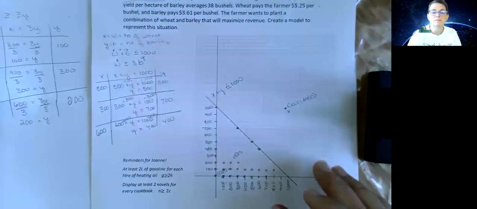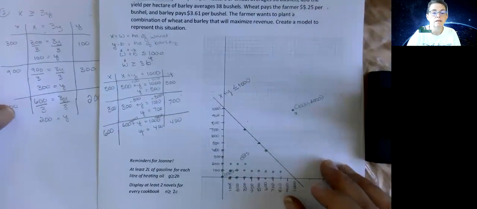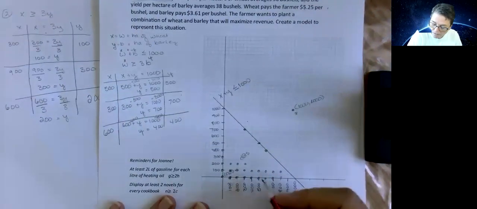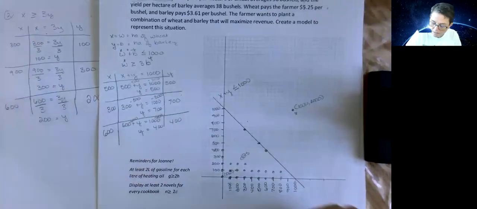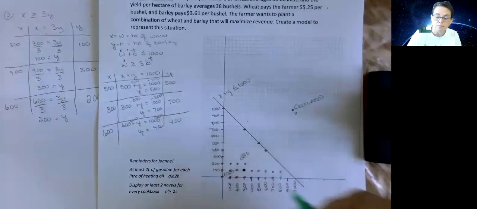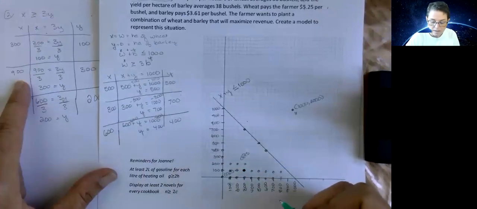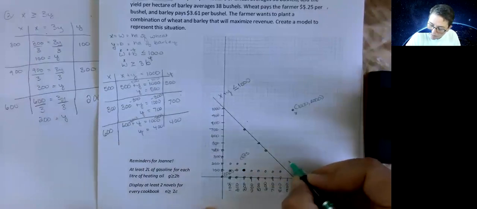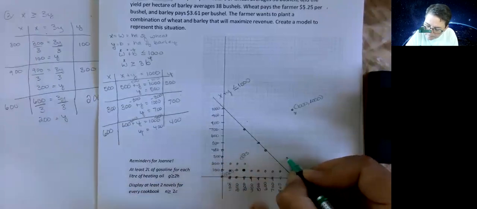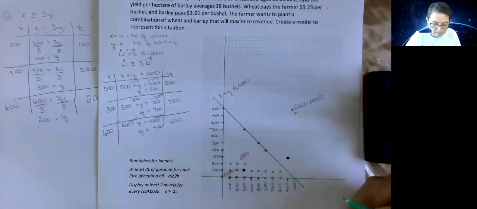I'm going to make this so you can see everything. All right, so 300 on my x and 100 on my y. That point there. And then I need 900 by 300. Is there.